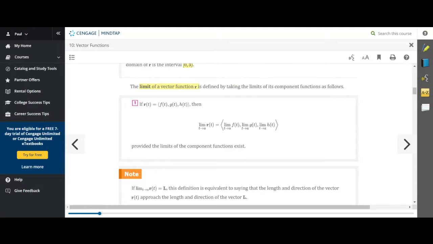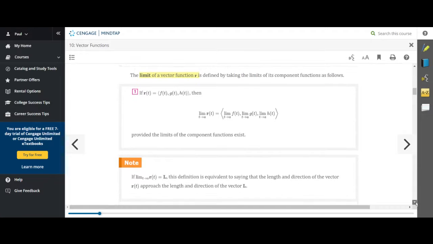Derivatives and integrals. Derivatives. That's right. Good. We can take derivatives of vector functions as well. All right. Well, let's look at an example here.